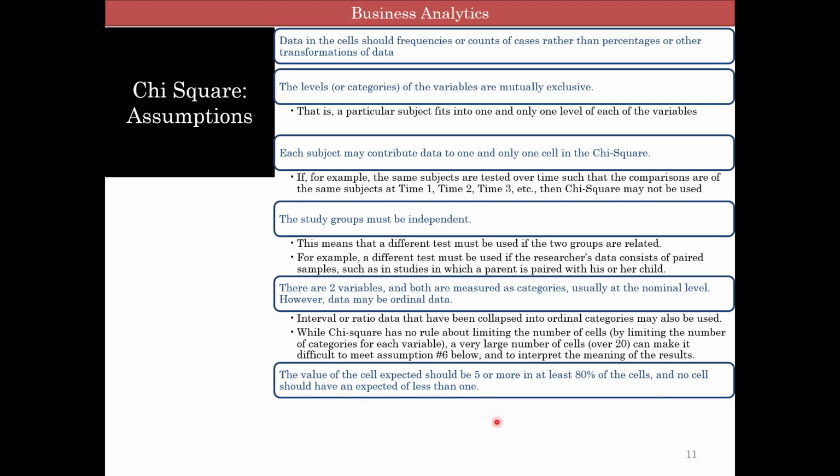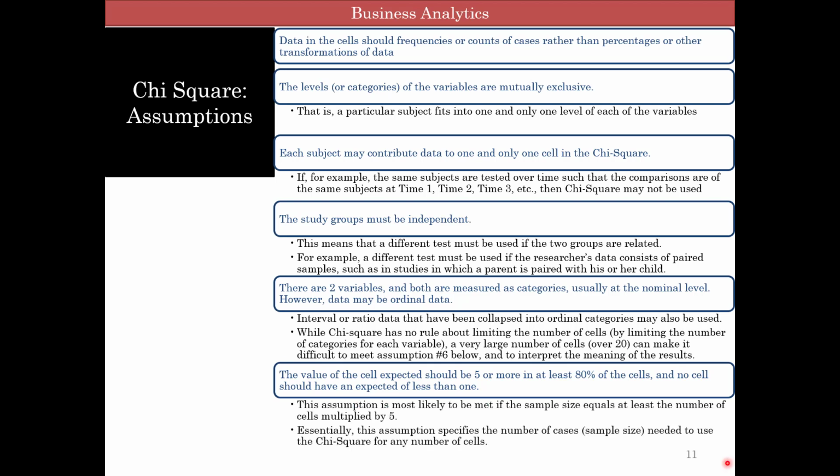What I would suggest is to make sure that you have enough frequencies in each cell. When the frequency counts in your cells start going much smaller than 5, it violates the assumption and chi-square becomes difficult. So try to keep that in mind, and that's why you should limit the number of categories you have, so you can start grouping things together.